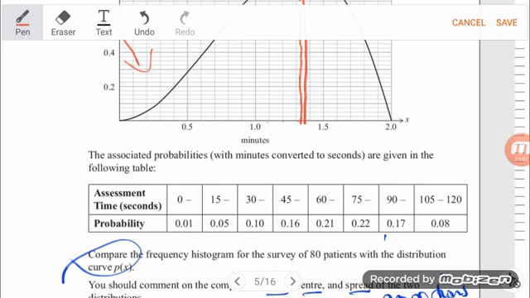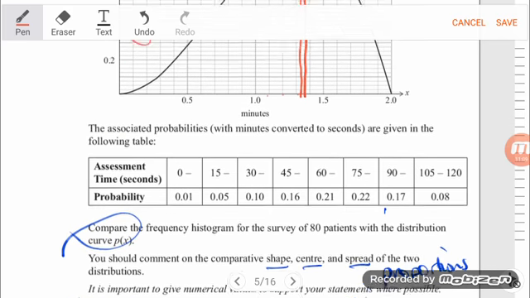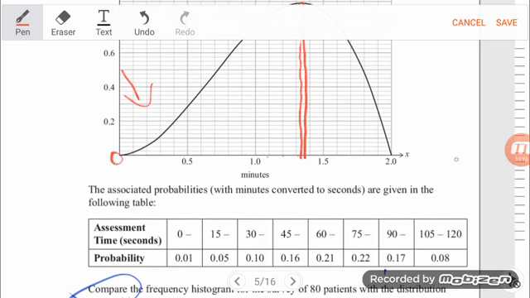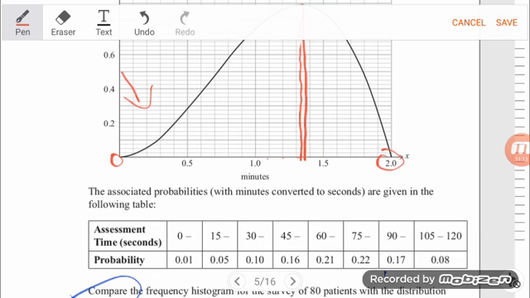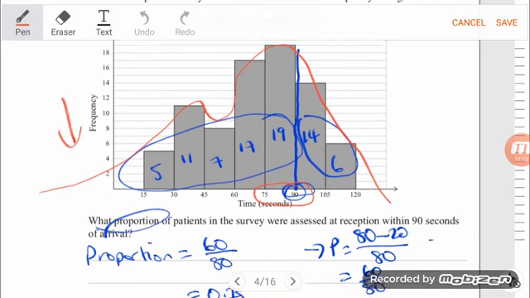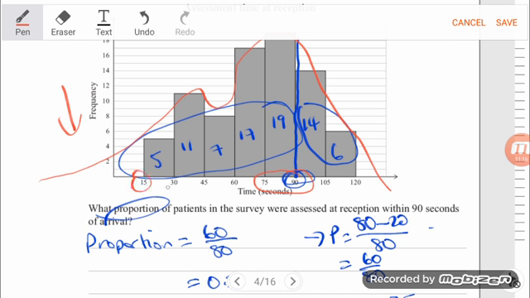What else have we got? Spread. So here we've got 0 to 2 minutes. Here we've got 0 to 120, or 15. Yes, 15 to 120.